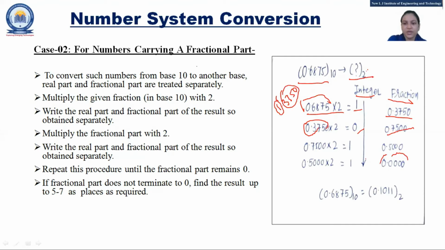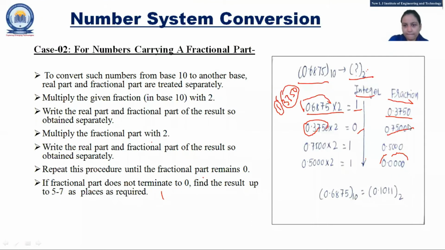We have to stop here, and after getting the fraction as 0, we have to go from top to bottom. So here 1 0 1 1 is our binary equivalent.